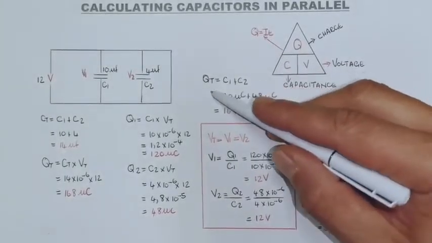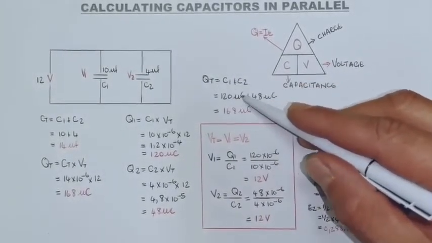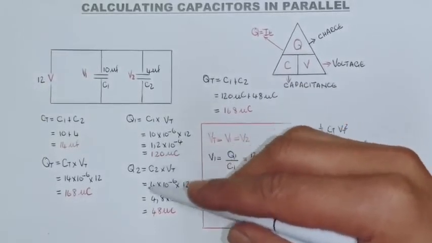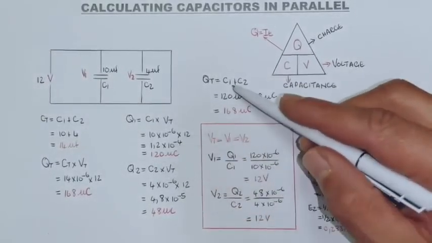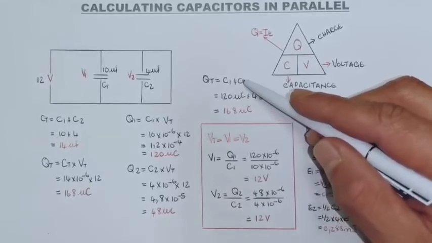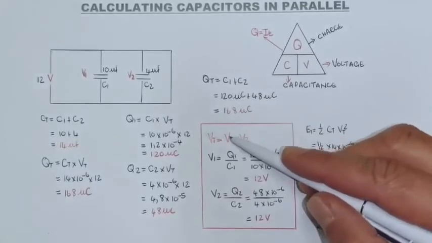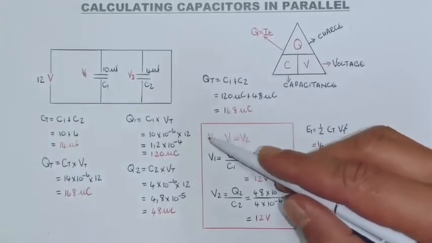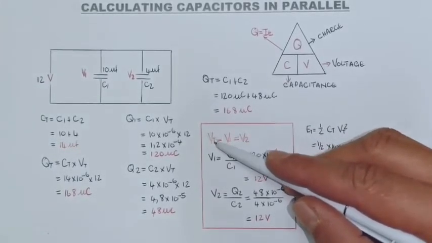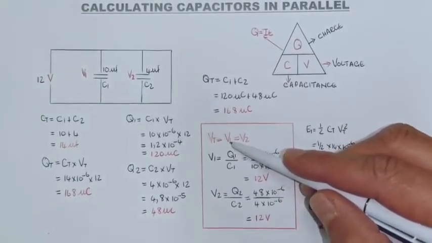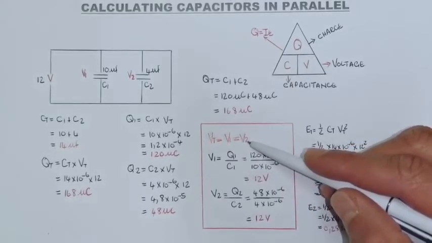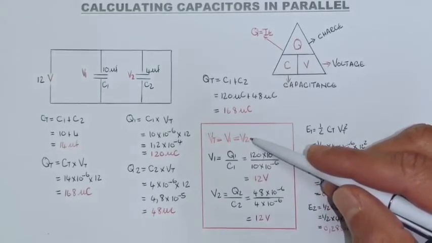Now here I'm just explaining what I've explained to you in terms of the charges, that in actual fact Q1 plus Q2 is going to give me my total charge. In this block I'm also explaining that my total voltage is equal to V1, which is equal to V2, because I'm sitting with a parallel circuit, right?